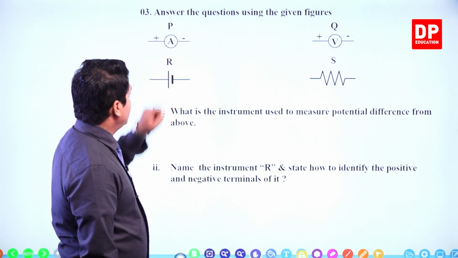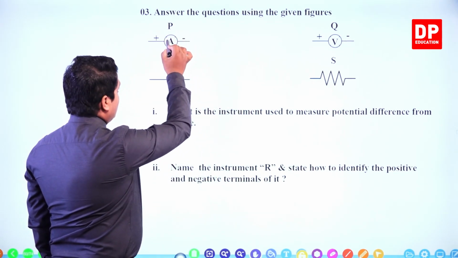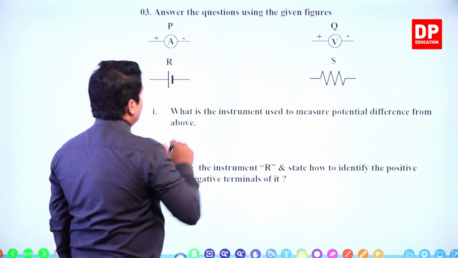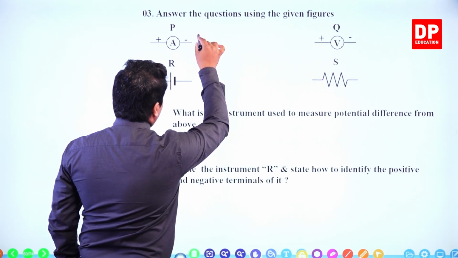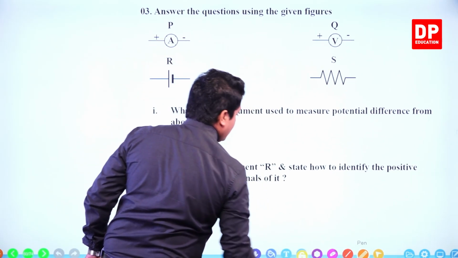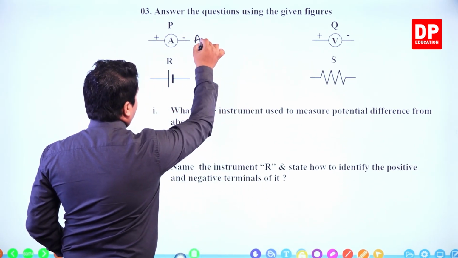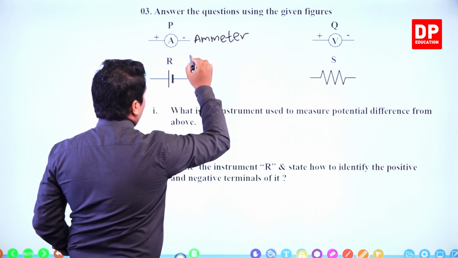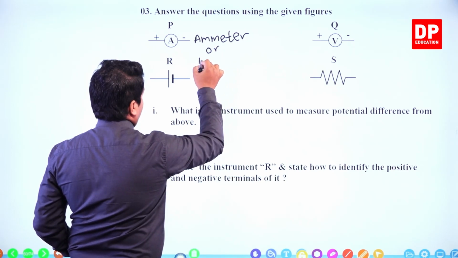P, a symbol is at the middle, plus and minus can be observed. So you know this is an ammeter. This is an ammeter. Or milliammeter.